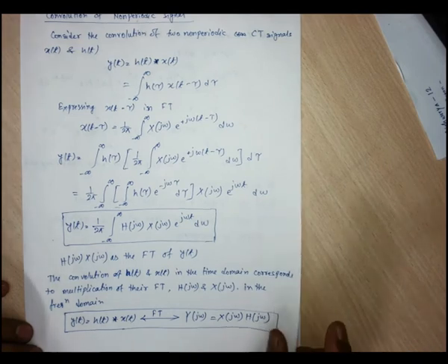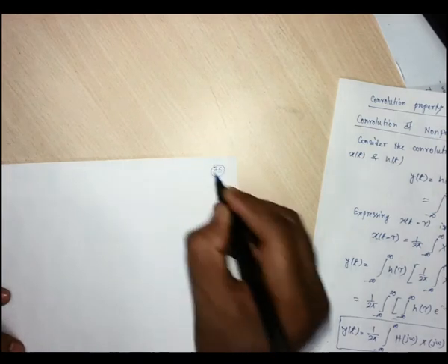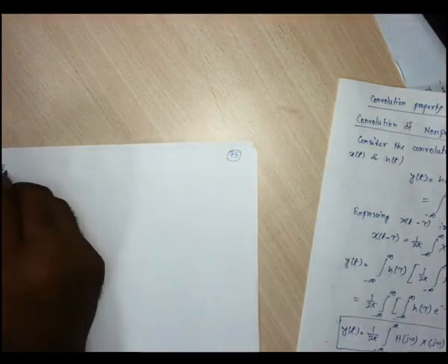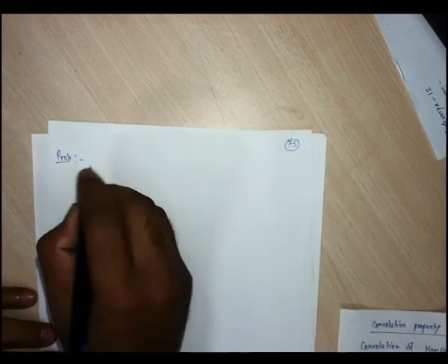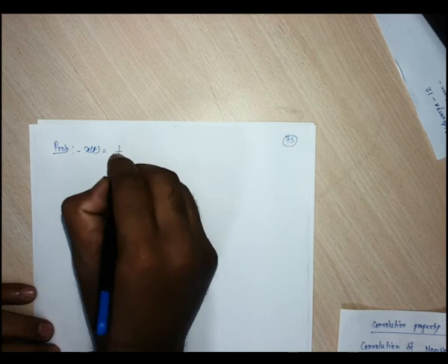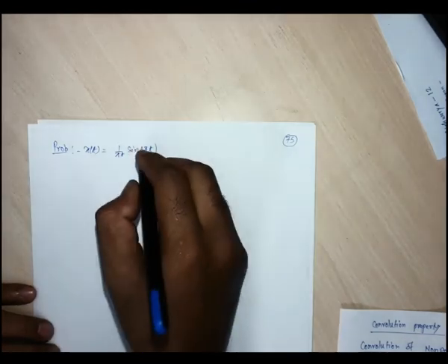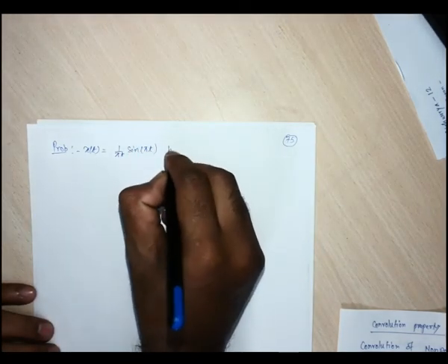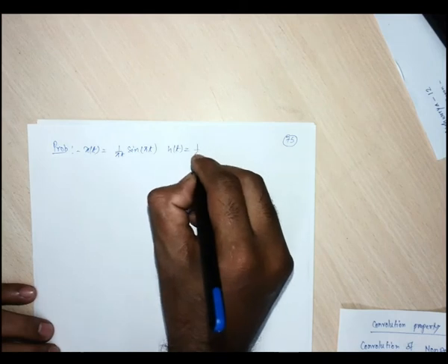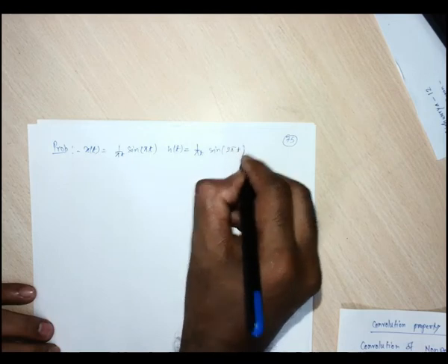Now let us take a problem for this property. Some x(t) is given as (1/πt) sin(πt), and the impulse response h(t) is given as (1/πt) sin(2πt).